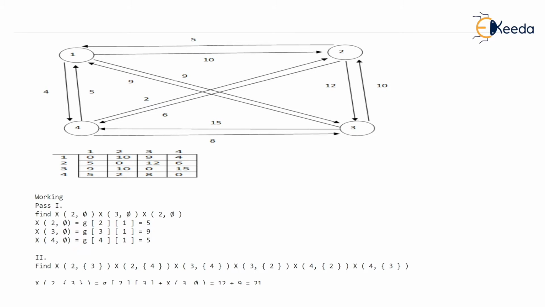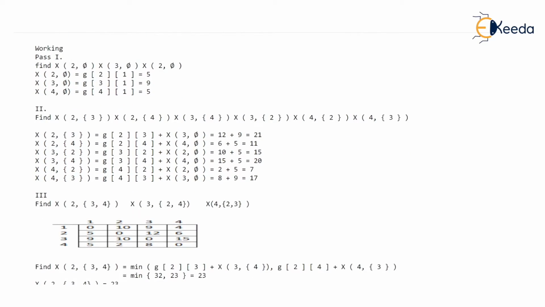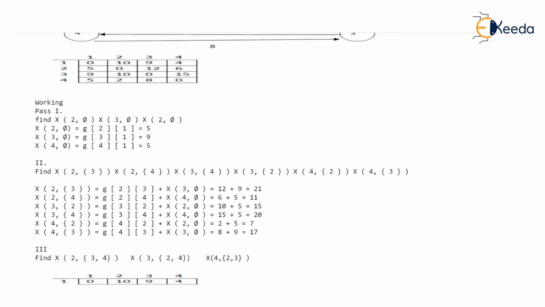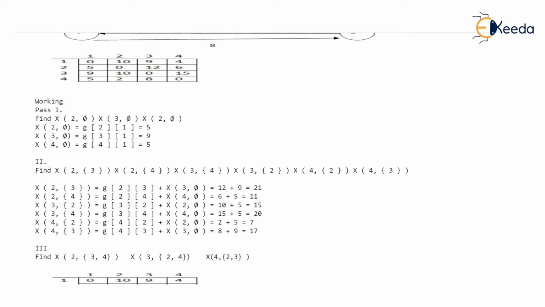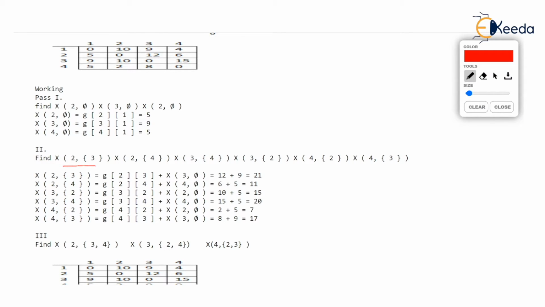Now step 2. In step 2, what we are going to do is keep the cardinality of the set S as 1. Check these steps. We are going to find a lot of values. We'll keep the cardinality of set S as 1, like you see in this entry, X(2, 3).